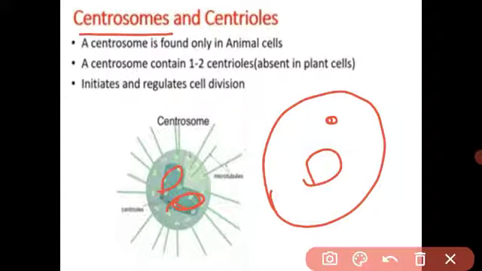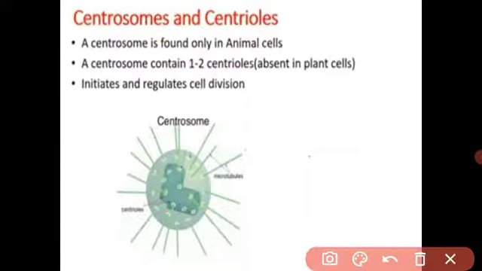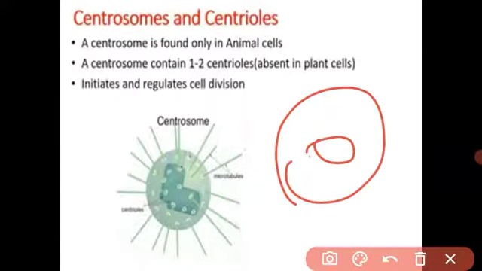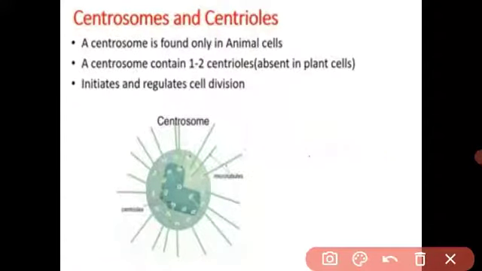When the centrosome is divided into two centrioles, these centrioles give rise to the spindle fibers. In higher classes you will study in detail what cell division and spindle fibers are. Got it? Now keep it in your mind.